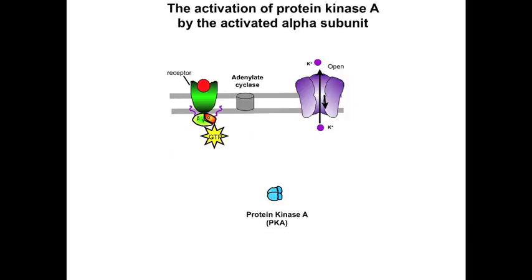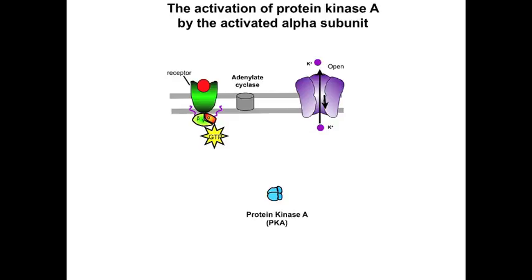One cascade the alpha subunit can initiate is the activation of protein kinase A, which then phosphorylates a potassium channel. The major players in this cascade are first adenylate cyclase, an enzyme embedded in the membrane. The second player is protein kinase A, so named because it is activated by cyclic AMP, which we shall see in just a moment.